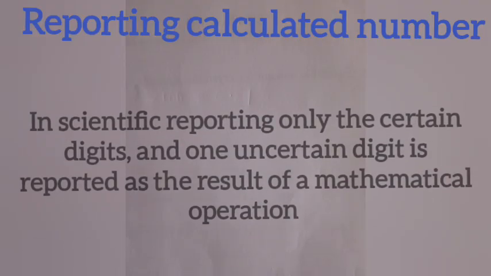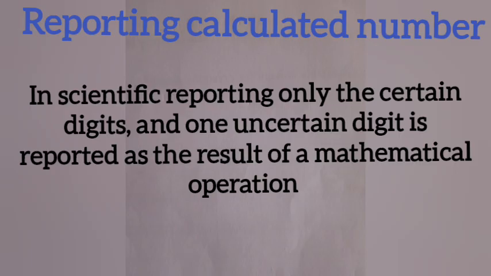How you report these calculated values is very important. In scientific reporting, only the certain digits and one uncertain digit are reported as the result of a mathematical operation.